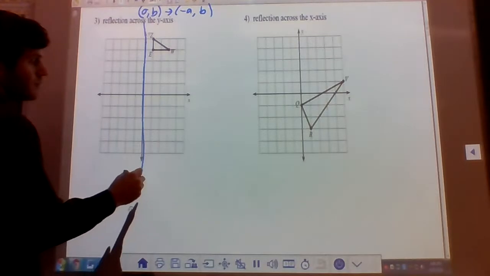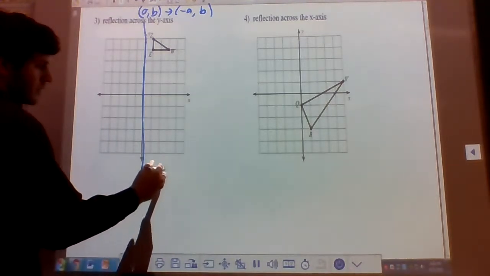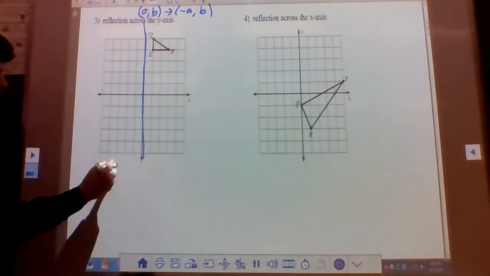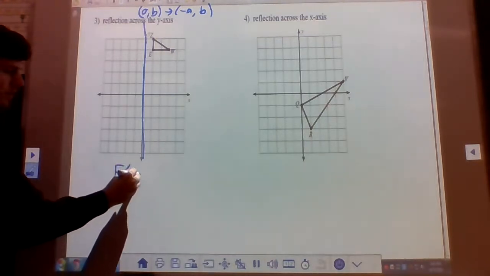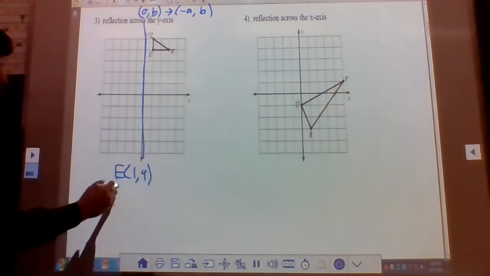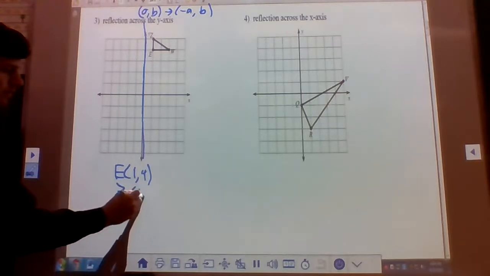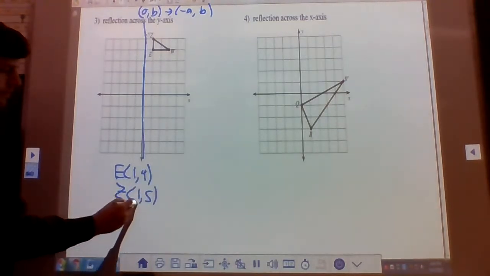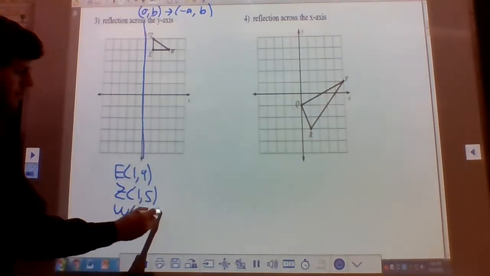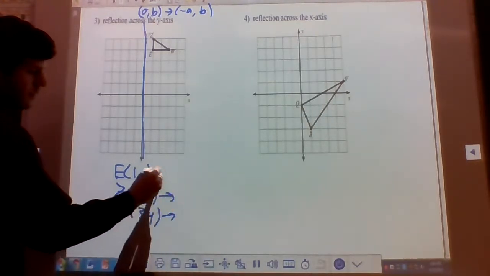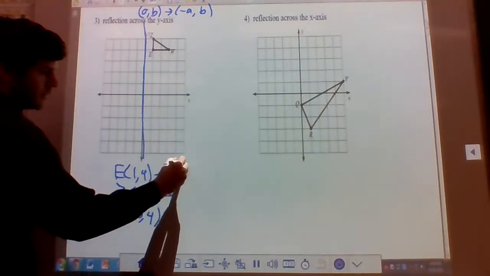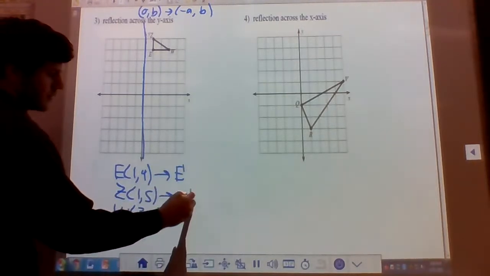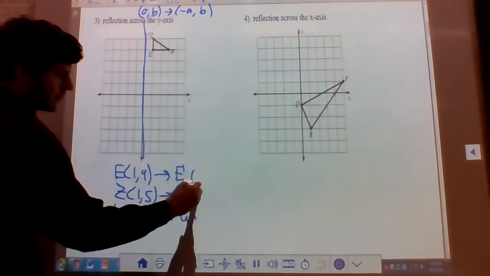E is going to be 1, 4. Okay, Z is going to be 1, 5. And W is going to be 3, 4. So we're going to go to E prime, Z prime, and W prime.